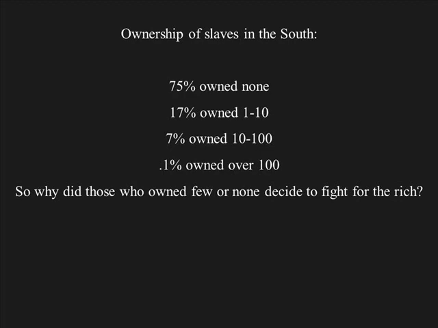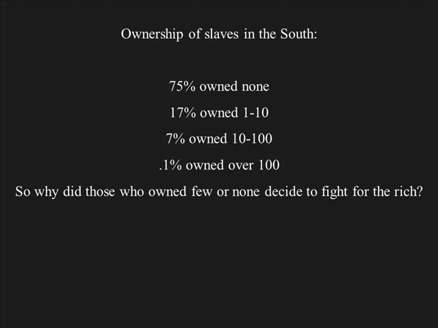So about 17% own 1 to 10, which means they probably have maybe 10 or 20 acres on their farm. So they have enough money to invest in a few slaves. 7% owns 10 to 100. So those are the people who may own a few hundred acres.